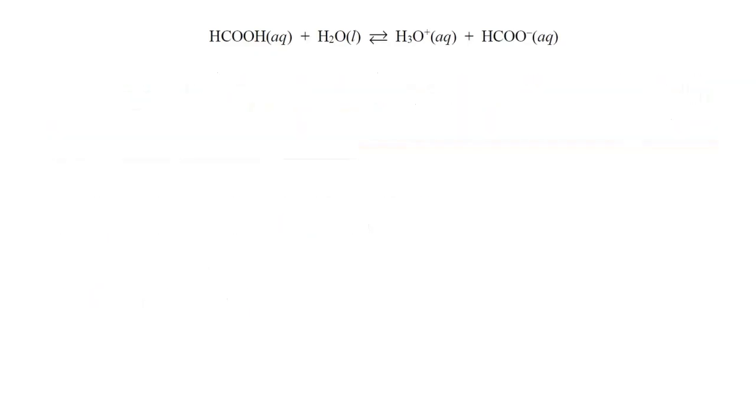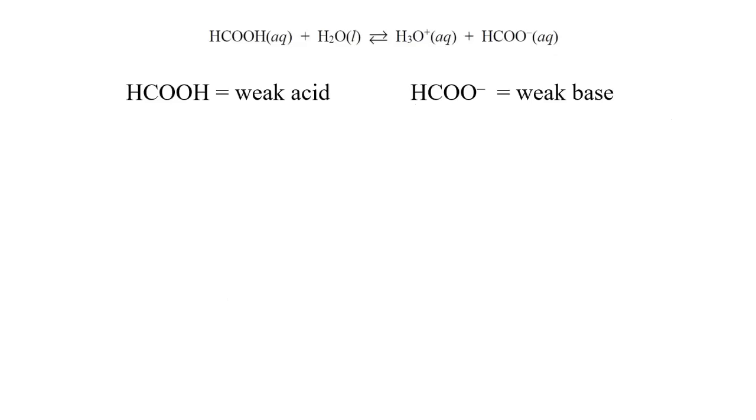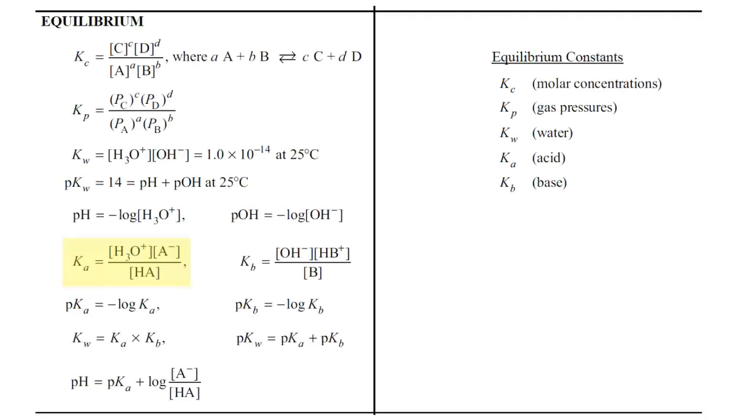So in our buffer system, we have a weak acid, that's methanoic acid, along with its conjugate base, the methanoate ion. Now on the equation sheet, this time instead of highlighting the Kb expression, I'm highlighting the Ka expression. So what does HA represent? Well, HA is the generic formula for a weak acid.